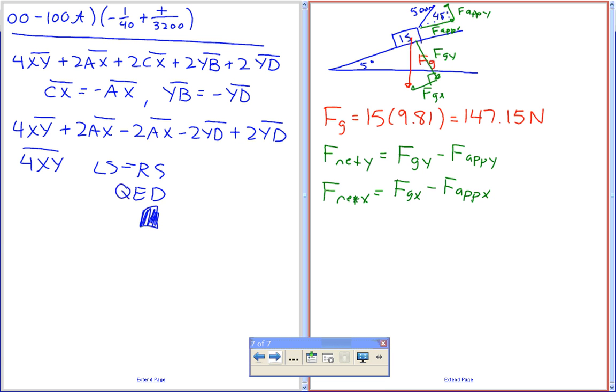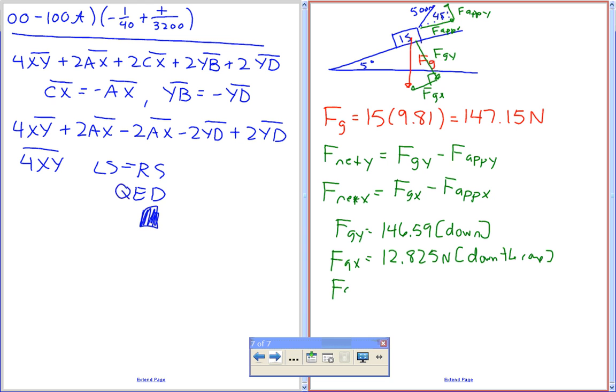So, the way for my answer, if I can find my answers. The way I got, where are we at? I got FGY was equal to 146.59 down the ramp. Sorry. FGX equals 12.825 newtons down the ramp.